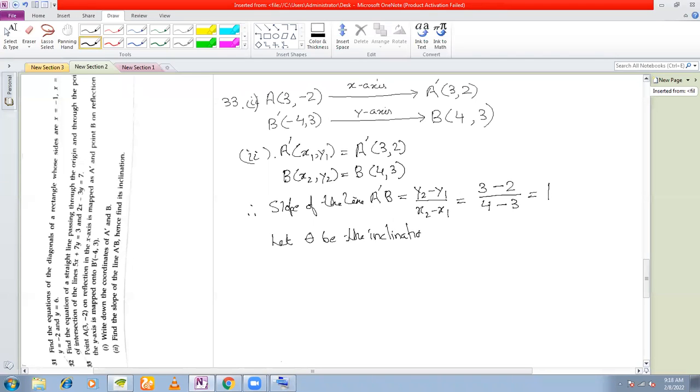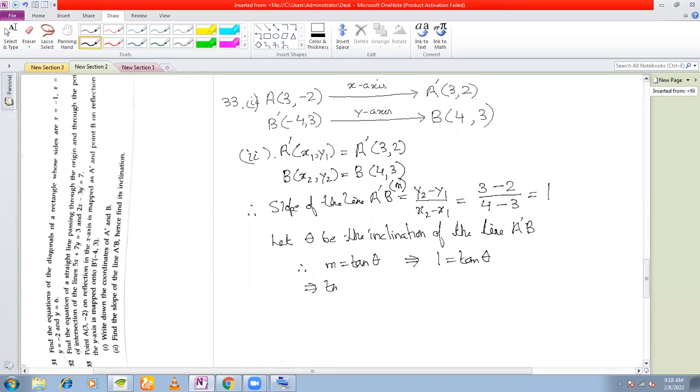Let theta be the inclination of the line A dash B. So if I call the slope m, then m must be equal to tan theta. And what is the value of m? Slope 1 is equal to tan theta.